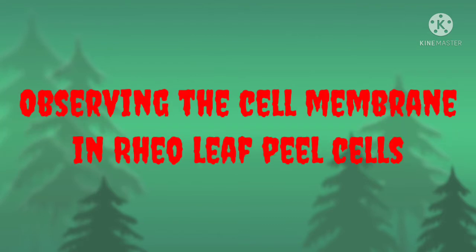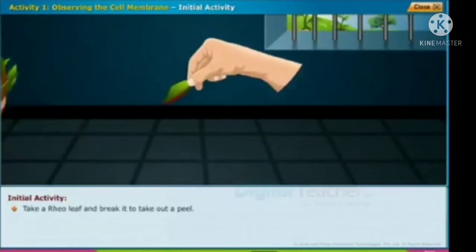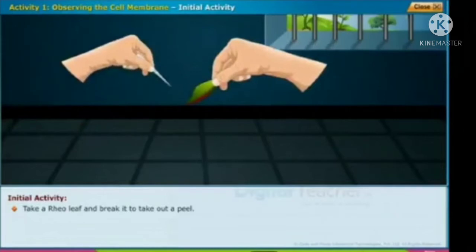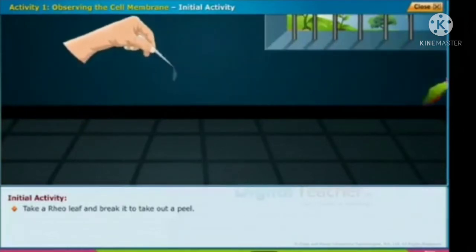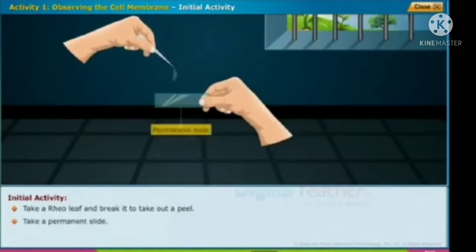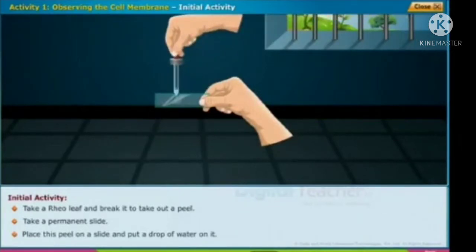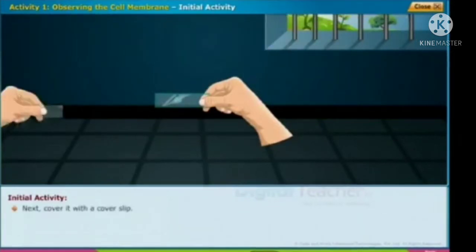We observe the cell membrane in a rheo leaf by doing this activity. First, take a rheo leaf and break it to take out a peel, like this. Students, are you observing? Good. Now, take a permanent slide and place this peel on the slide and put a drop of water on it.